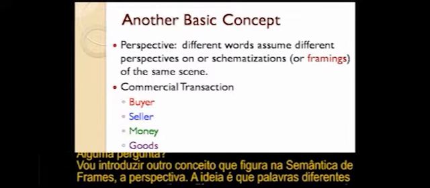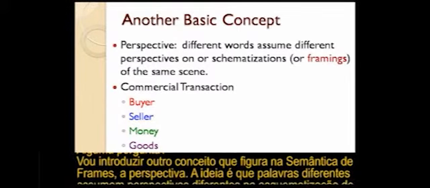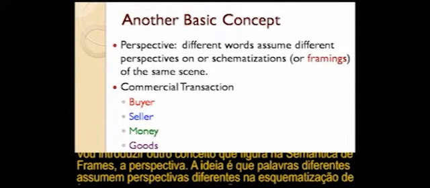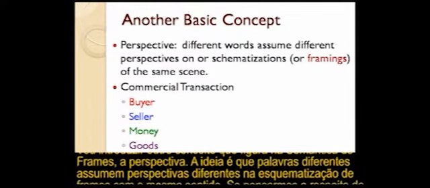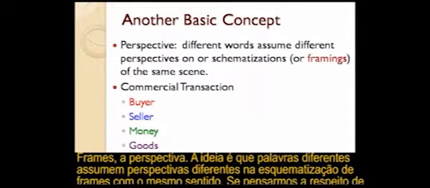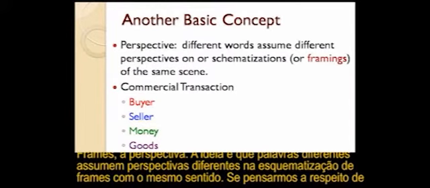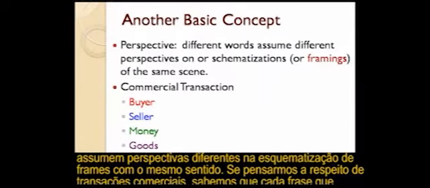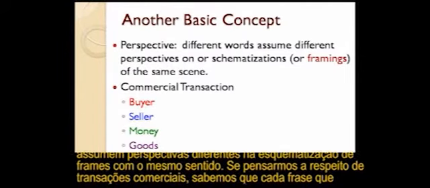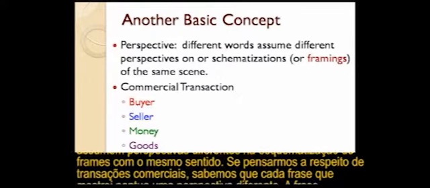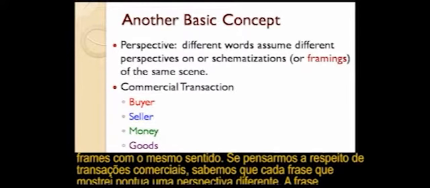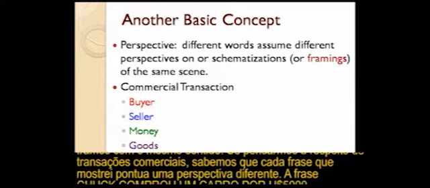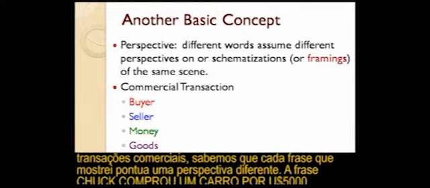So now I'm going to introduce another concept that figures into frame semantics, and that is perspective. The idea is that different words assume different perspectives on, or schematizations or framings of, the same scene. If we think about the commercial transaction, we know that each of the sentences that I've shown you takes a different perspective.